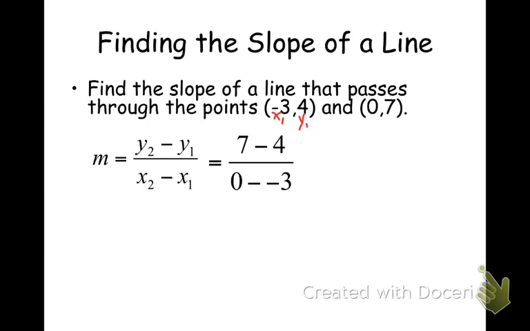We'll call 0 our x2 and 7 our y2, and that way we'll see where each value gets substituted into our slope formula. So you can see y2 is 7 minus y1, which is 4, over x2, which is 0, minus x1, which is -3. Simplifying, we get a slope of 1.